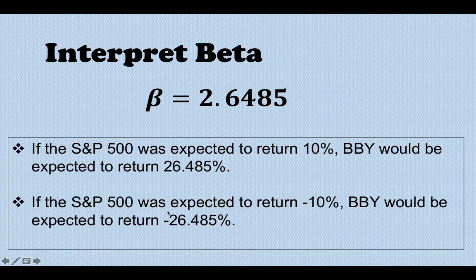If the S&P was expected to return negative 10%, Best Buy would be expected to return negative 26.45%. So that's just a quick way to use beta to predict an individual stock's return if you are given the market return. But really, how accurate is this?